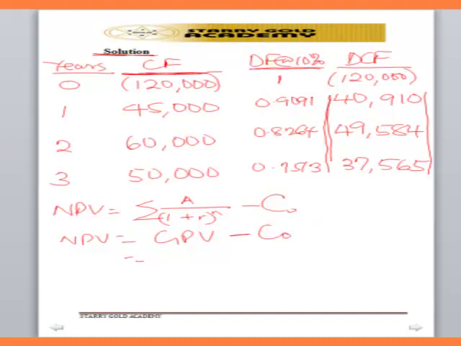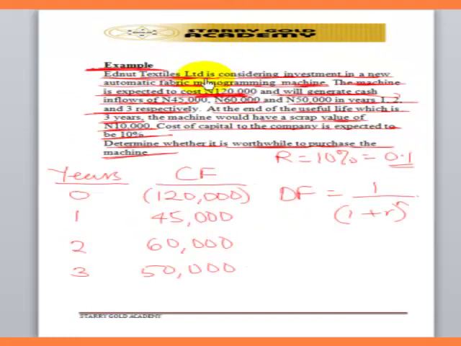But here, let me just take note of the fact that we were told at the end of the useful life, which is year 3, the machine would have a scrap value of 10,000 naira.